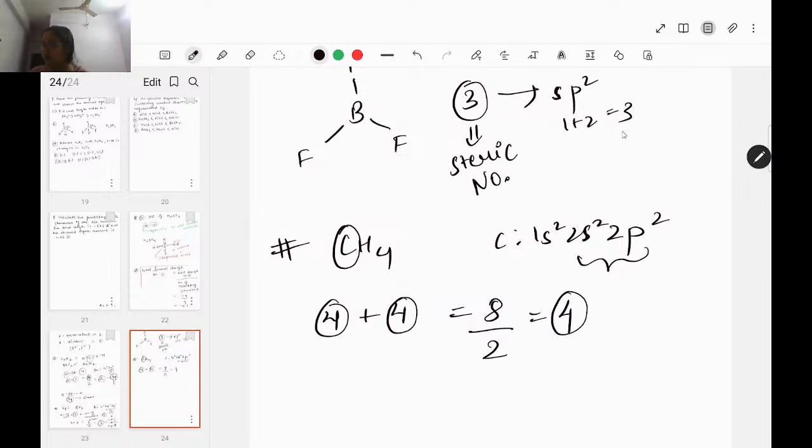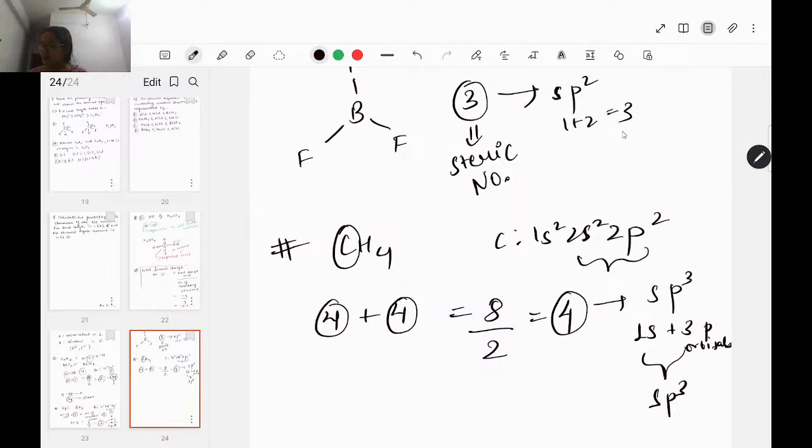So 4 is the steric number of which hybridization? sp3. Why? Because it is formed from 1s and 3p orbitals. Okay, I guess you understand. 1s and 3p orbitals combine to form sp3 hybridization.